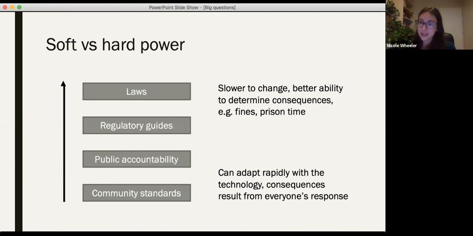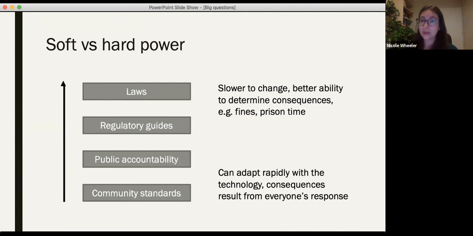When you're trying to decide how to manage a risk, one of the things you might think about is soft versus hard power. An example of hard power in controlling a risk would be something like setting a new law. Laws can be really helpful in the sense that they set clear rules about what's okay and what's not.